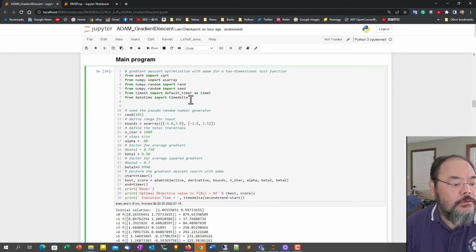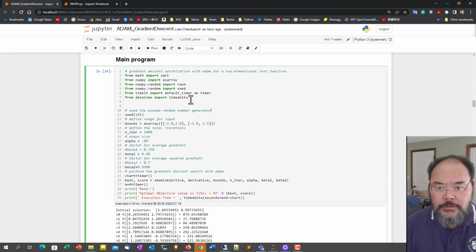I can also use a different random seed and test how my algorithm performs with a different set of random numbers. But during development, I'm using a fixed seed to make sure every iteration has the same sequence of random numbers, to isolate the difference in the result to the algorithm itself, not the random numbers I have.